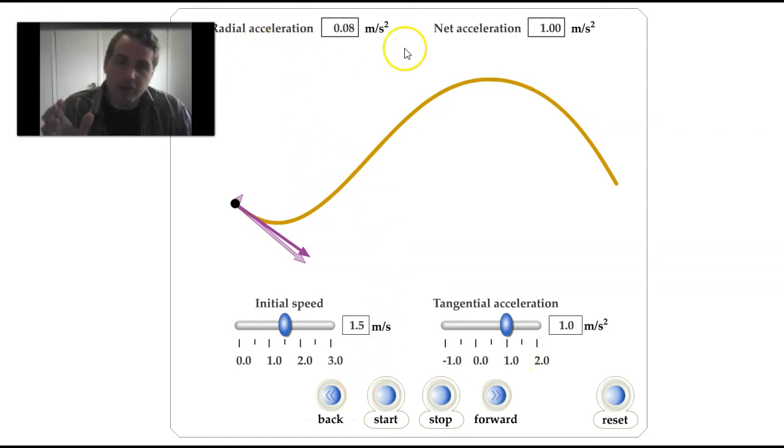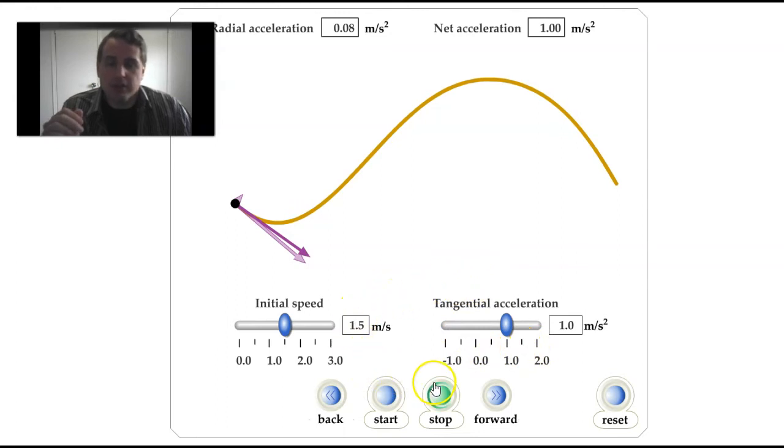Centripetal acceleration is direction acceleration. In other words, you could imagine that the radial acceleration is reflective of how much the object changes its vector direction, and the tangential acceleration is how much the object changes its vector velocity length.